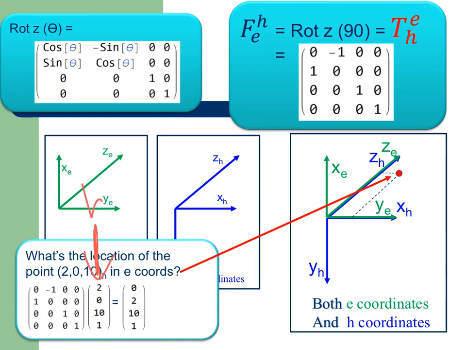Again, that's the point in H. This is where I claim the point is in E. Let's see. So in E coordinates, the X part is 0, and that makes sense because there's the X-axis. In E coordinates, this is the Y-axis, right? So we would expect that to be the 2, and sure enough it is. And this is the Z-axis, and that's the 10. So again, it looks good. It seems to be working.